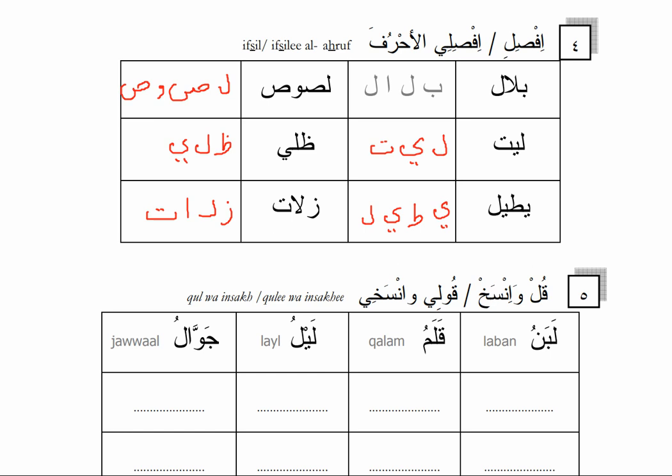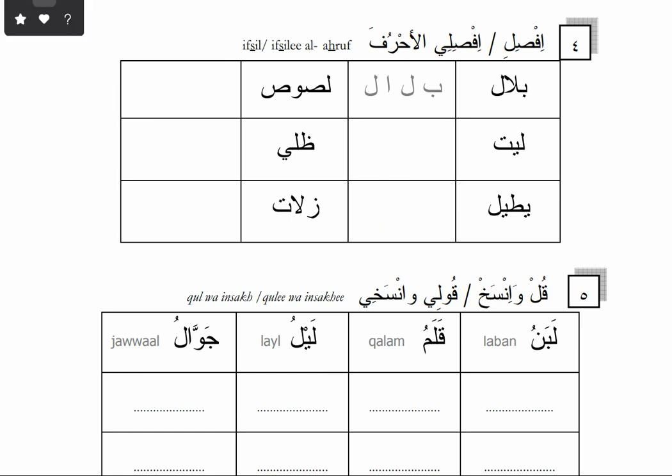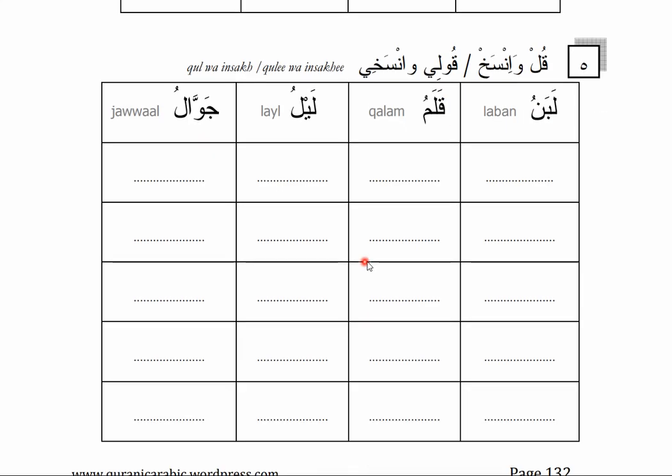Now what about the last question we have here? Let's see how we write these words that we did previously in the vocabularies with the picture. Let's see, it's lam, ba, and noon. So we have a ba, la, ba, noon. Then qalam, qaf, lam, and meem.